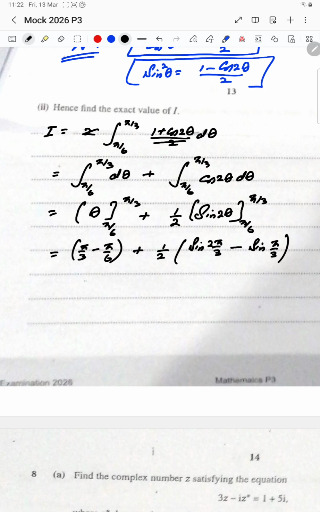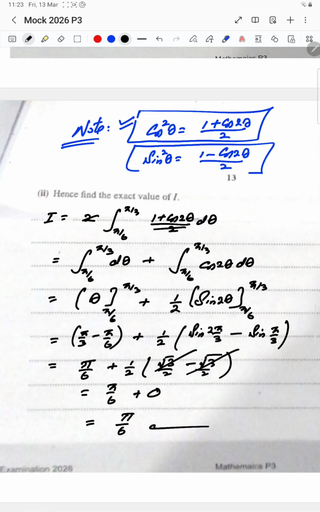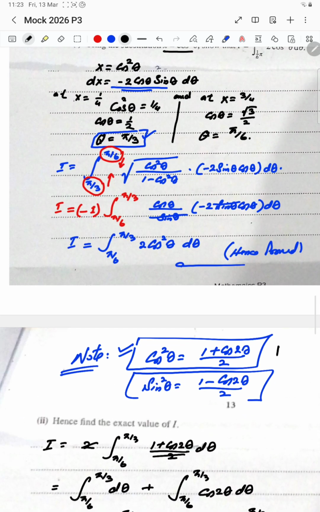Okay, I will get here, LCM, pi by 6 plus 1 by 2, here root 3 by 2 minus root 3 by 2. That's cancelled, so it becomes 0 plus pi by 6. So the final answer is pi by 6. I hope it's clear. It's a very easy question. For integrals, you only need to know these rules. Keep this in mind, okay?